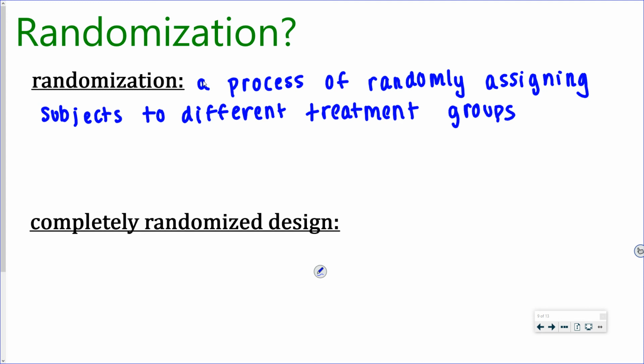So we have a couple different kinds of randomized experiment designs, but a completely randomized design is when subjects are assigned to different treatment groups through random selection.